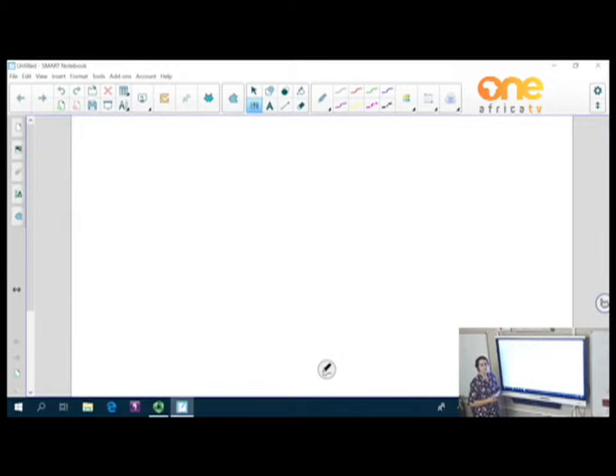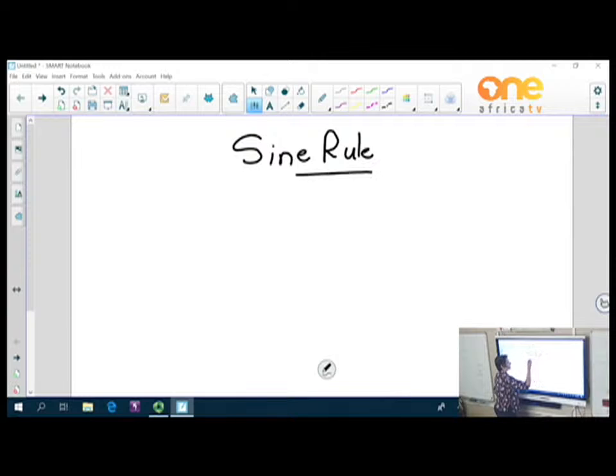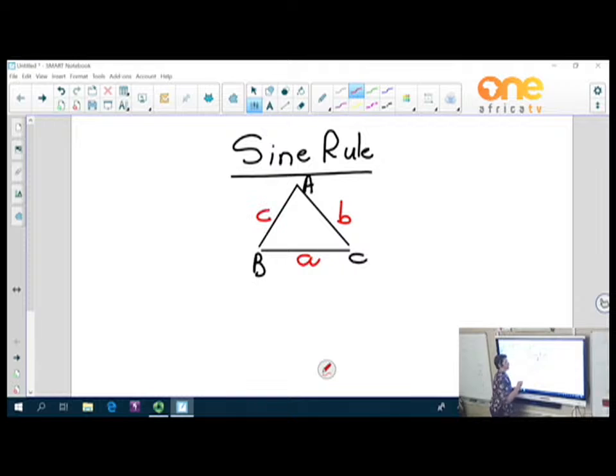Today we're looking at the sine rule. This is what we use when we work in any triangle. As we said in the previous lesson, the first thing you need to understand is that in triangle ABC, this is side A, this is side B, and this is side C. That's the first very important fact we need to know.